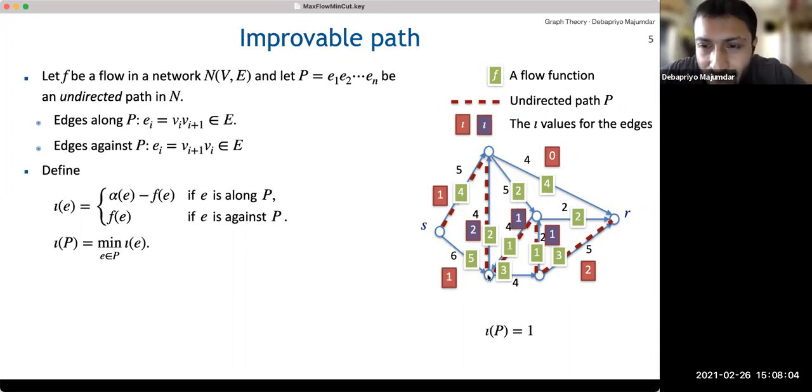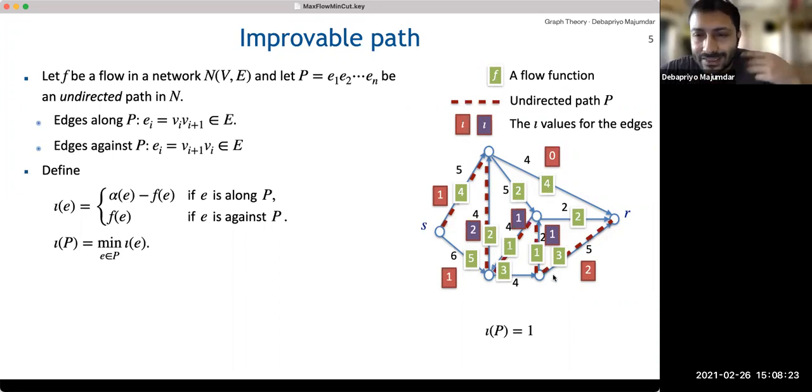So the intuition behind the against portion is, if your goal is to go through this path, the against flow is actually disturbing you, going into the opposite direction. So you can decrease it, and decreasing this would mean the flow along this is increasing.